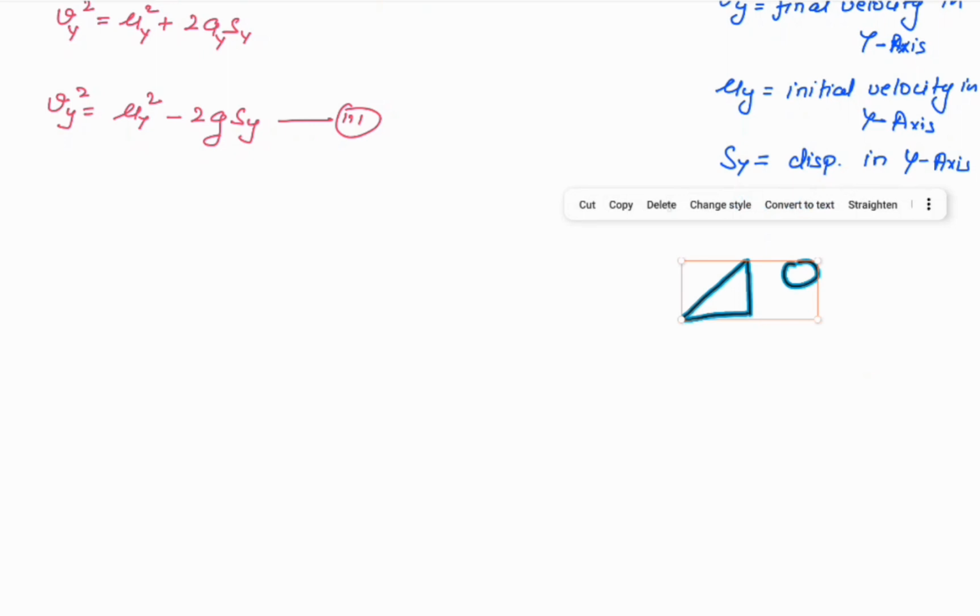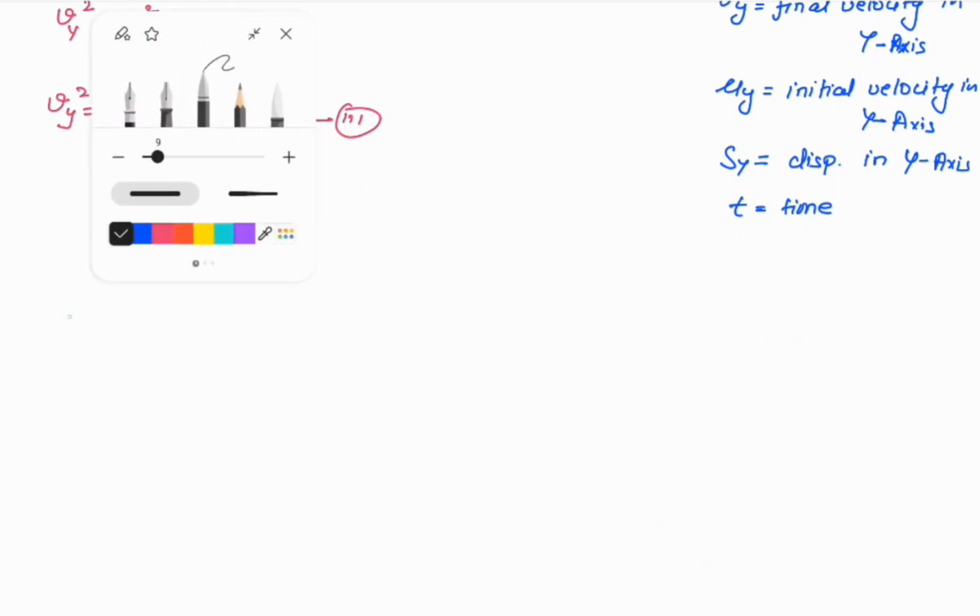Most of the cases in the exam, you will find the numerical in this form. Write down: projectile motion, case number 1.